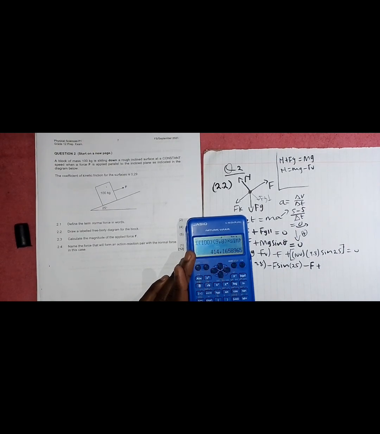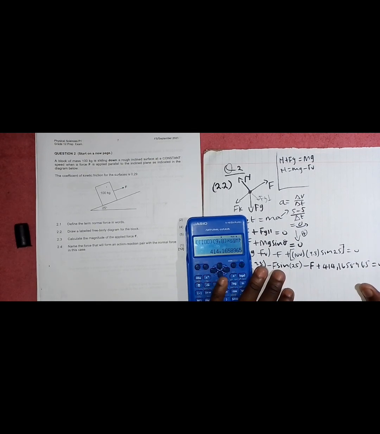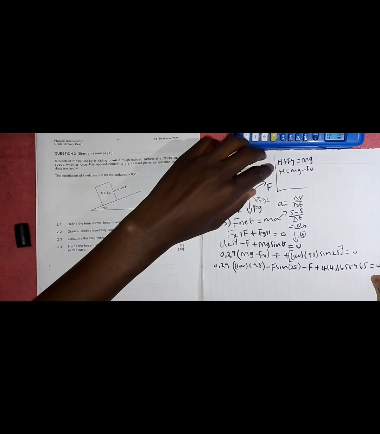We are going to have 414.1658965, which is equal to 0. Sorry about that one.